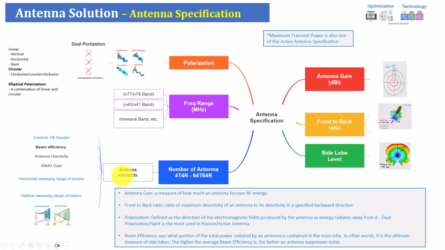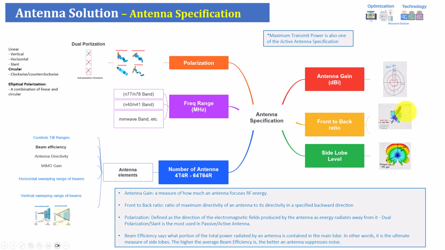And even the antenna elements themselves control a lot of points. For example, we mentioned before controlling the tilt ranges. The more antenna elements, the more range you can control for the tilt. For example, instead of going to 10 degrees, you can go up to 15 degrees and so on. Even the beam efficiency will improve. The beam efficiency actually just means, as mentioned here, the portion of the total power radiated by the antenna contained in the main lobe.